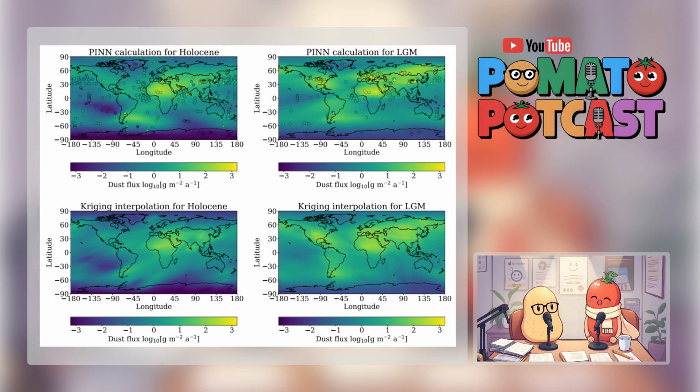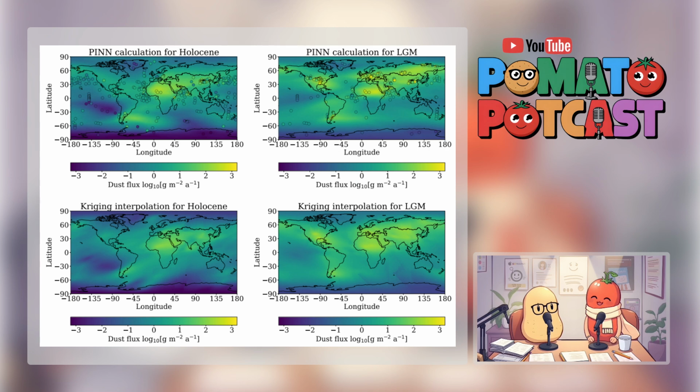It introduces a more advanced approach called physics-informed neural networks, or PNNs for short. That definitely sounds a lot more complicated than connecting the dots. So break it down for me. What are these PNNs all about? It might sound a little intimidating at first, but the core idea is actually pretty intuitive.